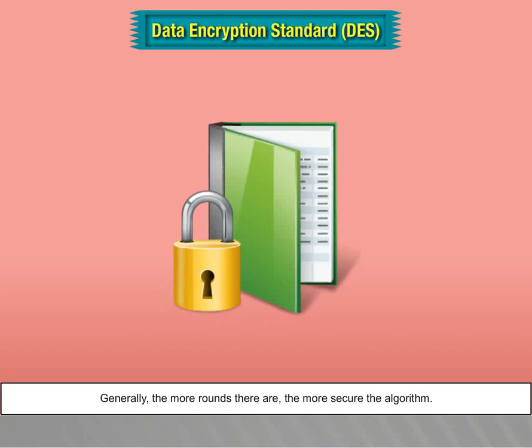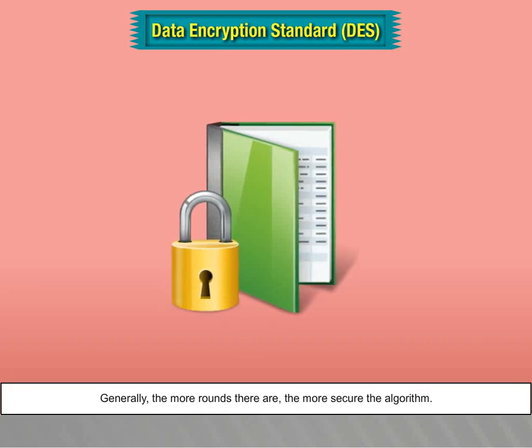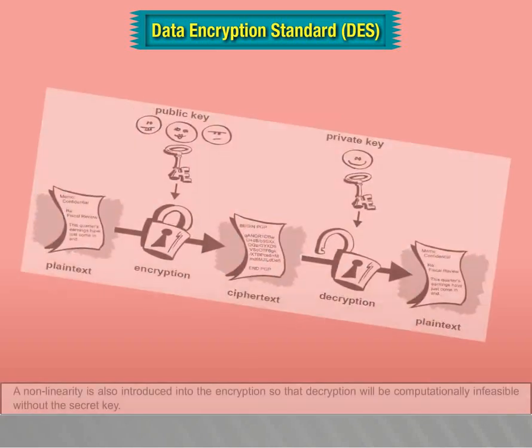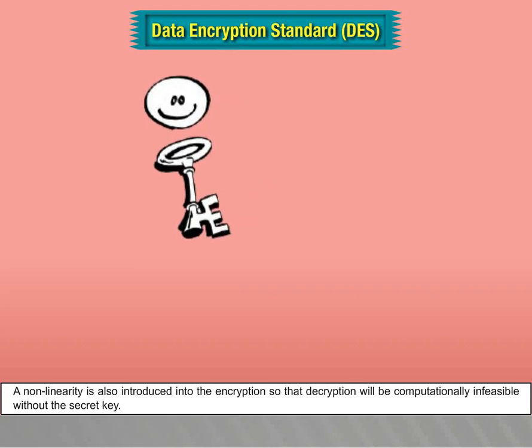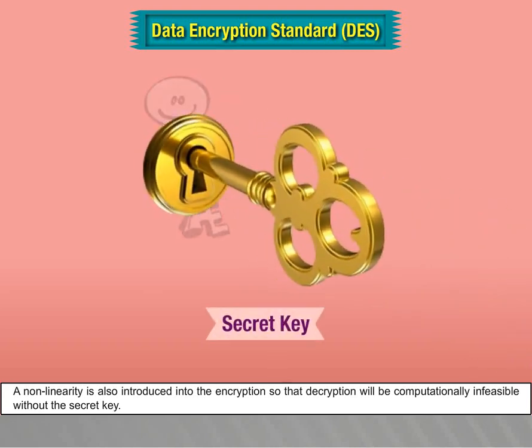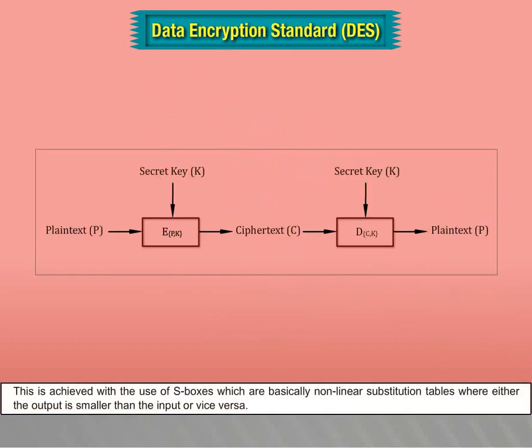Generally, the more rounds there are, the more secure the algorithm. A non-linearity is also introduced in the encryption so that decryption will be computationally infeasible without the secret key. This is achieved with the use of S-boxes, which are basically nonlinear substitution tables where either the output is smaller than the input or vice versa.